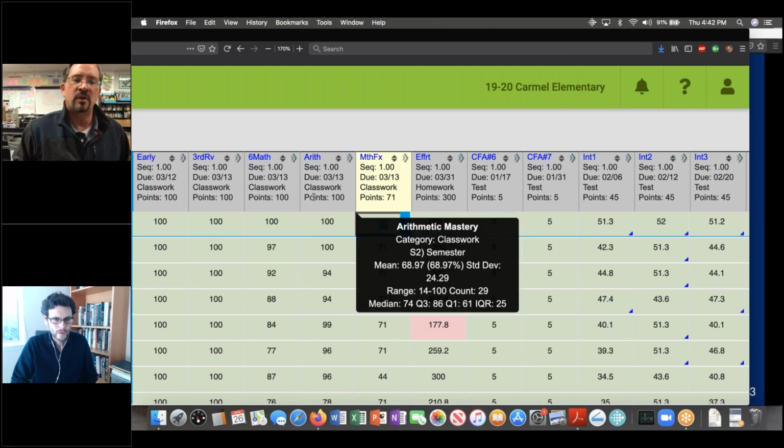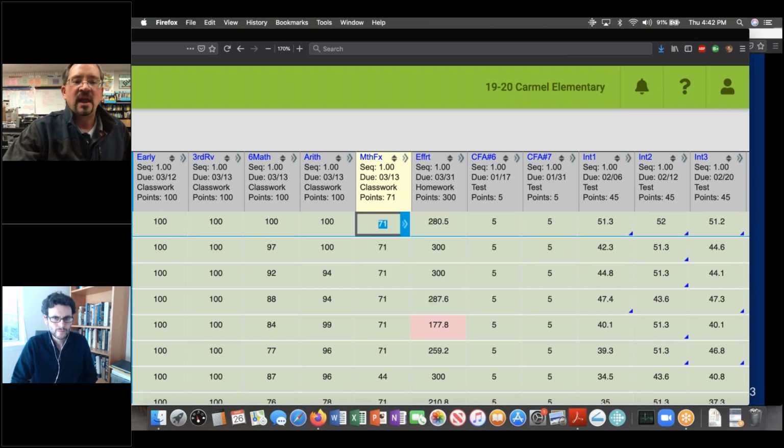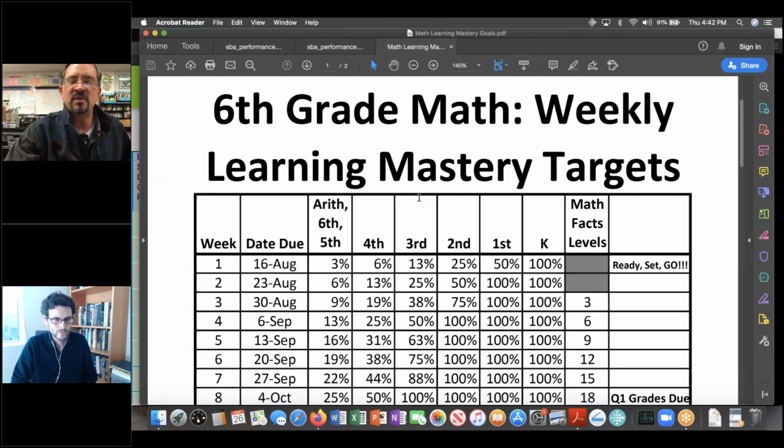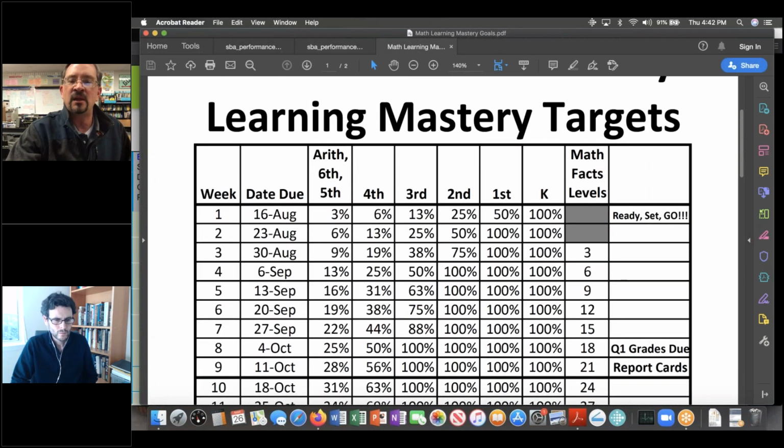I just go in every 2 or 3 weeks into their Khan Academy progress scores on the progress tab that you already saw, and I just update this. Some of you have already seen this progress chart. This is the pacing guide that I use.